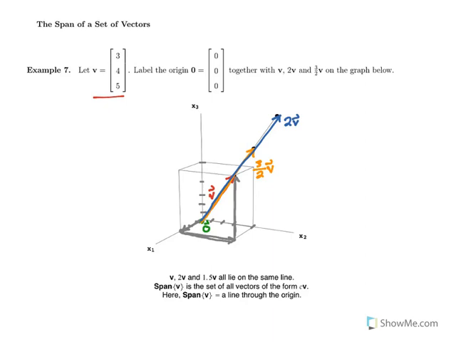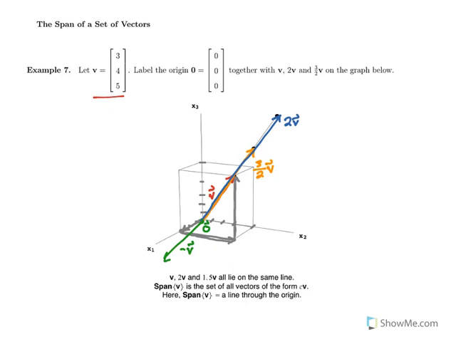We could also go in the negative direction. It's a little bit tougher to draw in 3D, but here's maybe negative v. And we see that all these vectors, v, 2v, 1 and 1/2 v, 3/2 v, all lie on the same line in 3 space. And we're going to say that span of v is the set of all vectors of the form a constant times v.